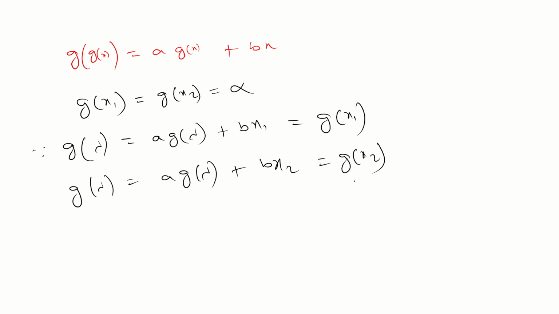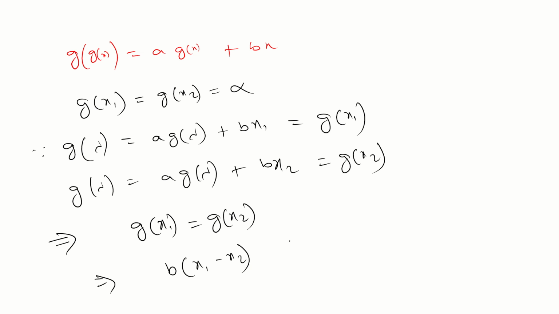For injective, what we know is that g of x1 should equal g of x2. So just equate it and you will get b times (x1 minus x2) equal to 0.